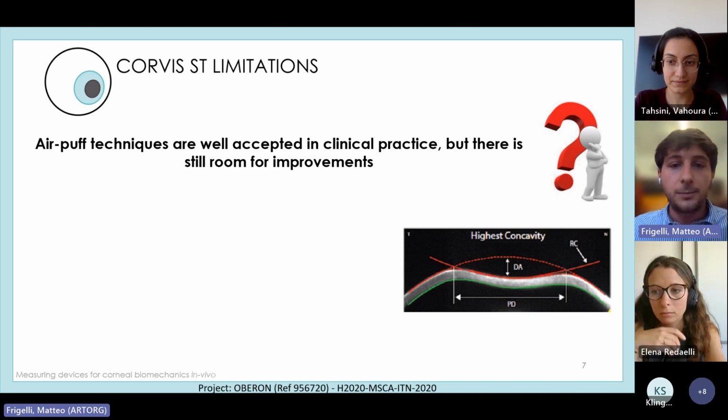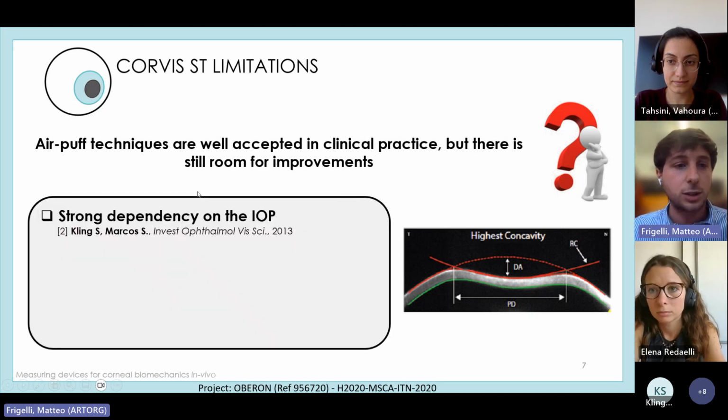So the first limitation has already been explained exhaustively by Elena, and it is the strong dependency of this technique on the IOP that is inside the eye.